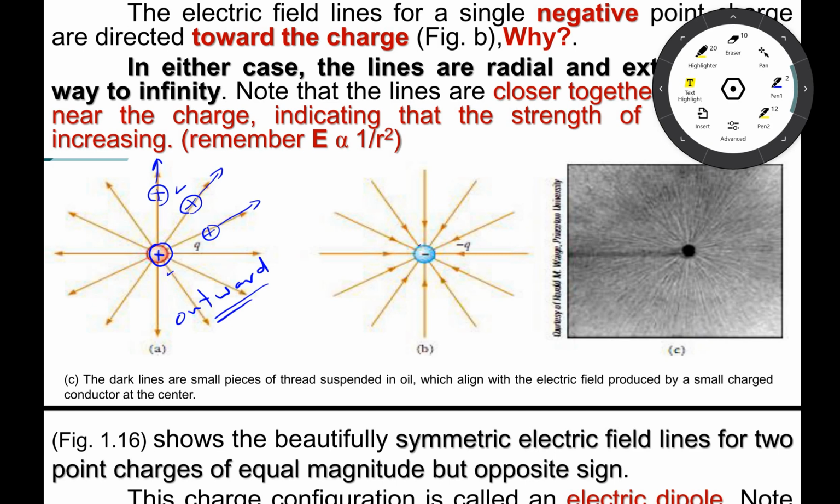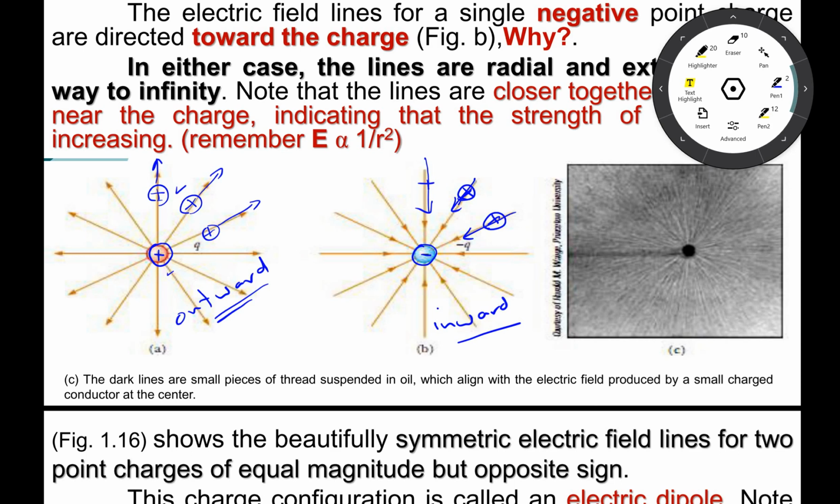But if the charge in the center is a negative charge, it will make an attraction with the test charge, and therefore the test charge will always move to the center. So the direction of the field around a negative charge is always inward.